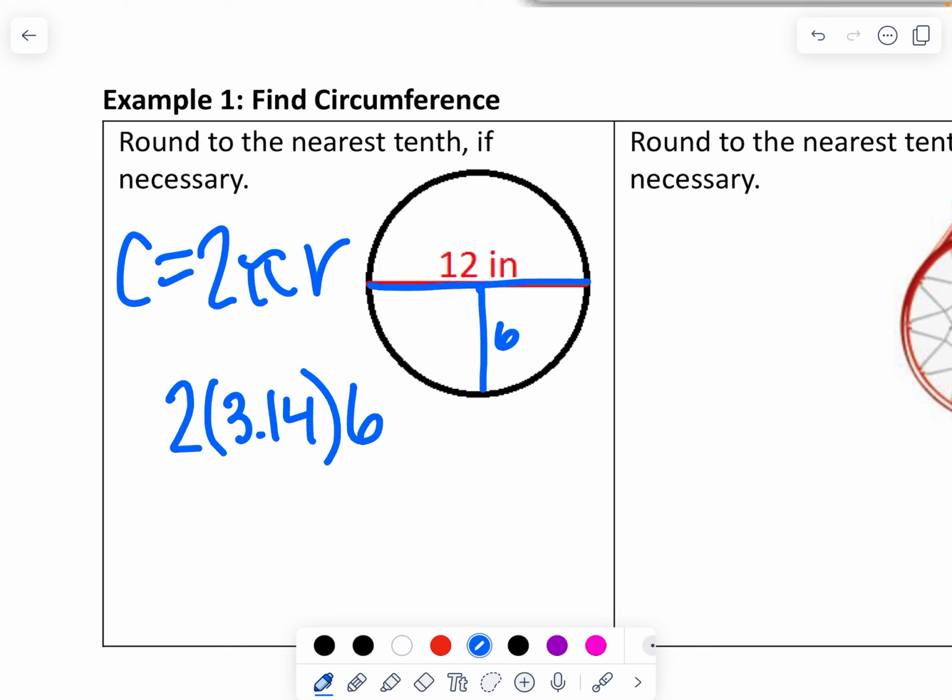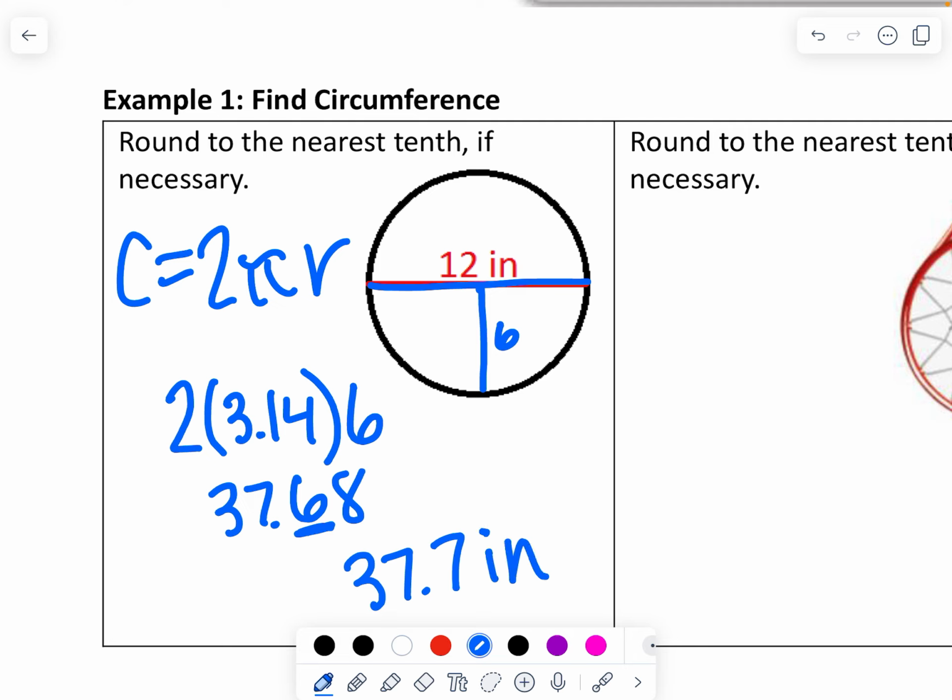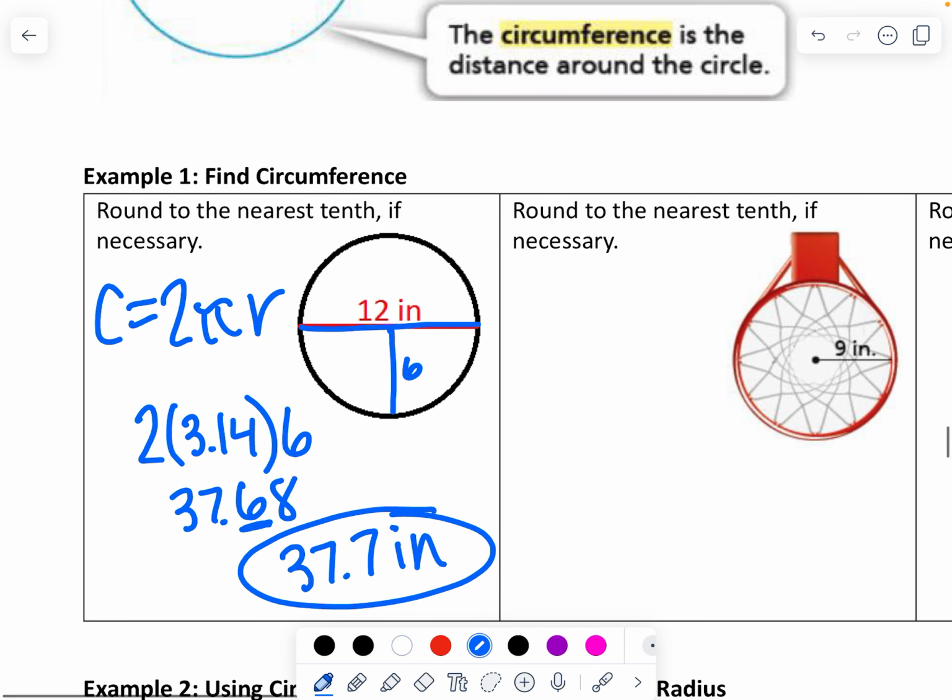And we would get 37 and 6800ths. And it wants us to round to the nearest tenth. So that's the 6, so it'd be 37 and 7/10. And it's just inches. Because it's circumference, we do not square the label. And that's your final answer. So notice we could have just used the 12 and used our C equals pi times d. So it's up to you which one you want to use.